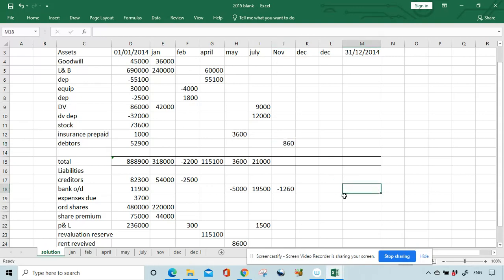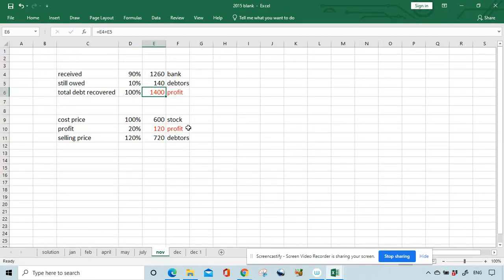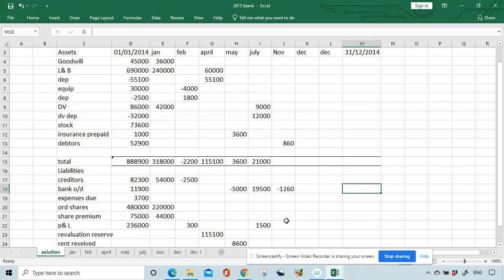I'm going to have profit of 1,400 here and 120 here, so that's a profit of 1,520 to my profit. So my P&L, 1,520.